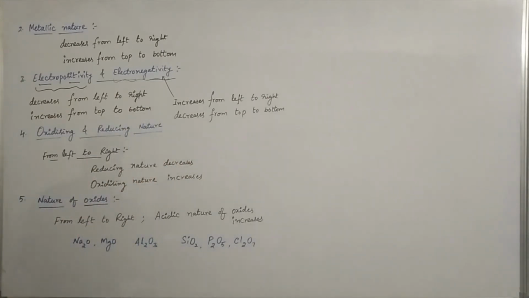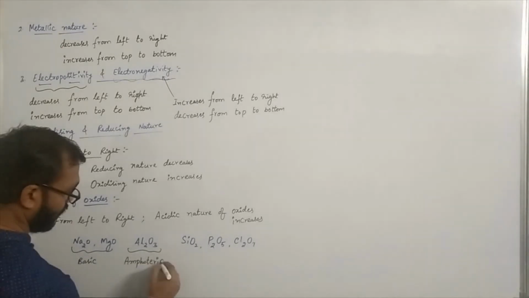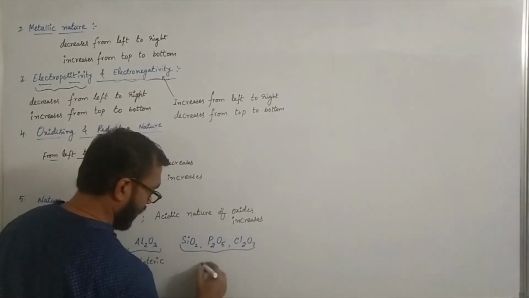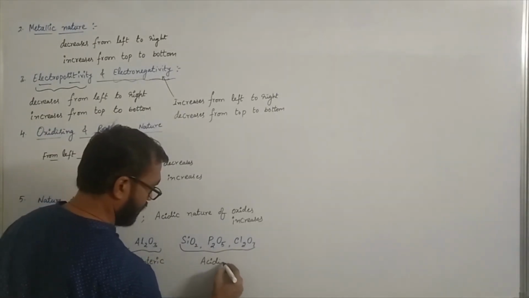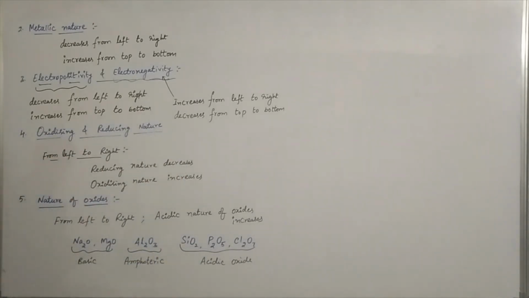Sodium and magnesium, which are group 1 and 2, form basic oxides, whereas aluminum is amphoteric. These others are all acidic oxides. So the acidic nature of oxides increases from left to right. Left elements form basic oxides, right elements form acidic oxides.